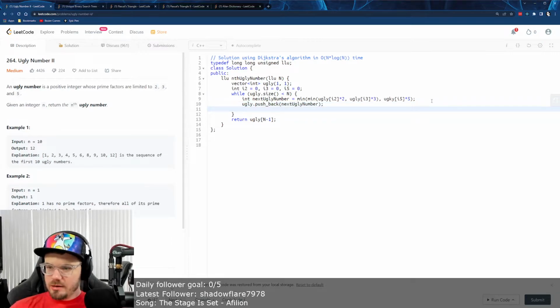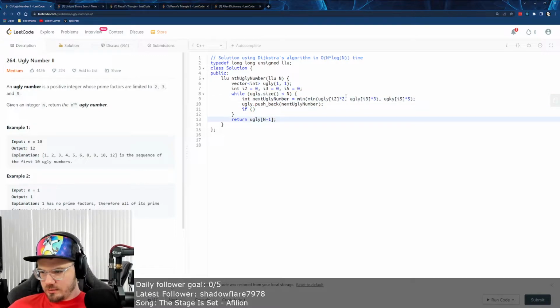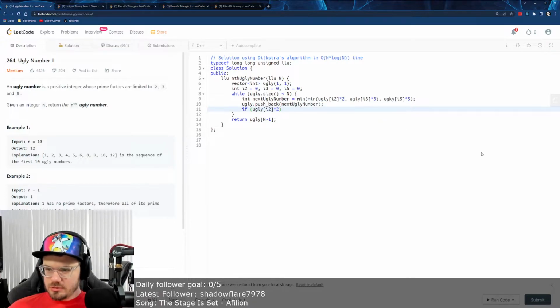You update any of the pointers that generated whatever the next ugly number was. So for example, if ugly of I2 times 2 equals the ugly number that we just generated, then we increment that pointer. And then we just do this for all three.